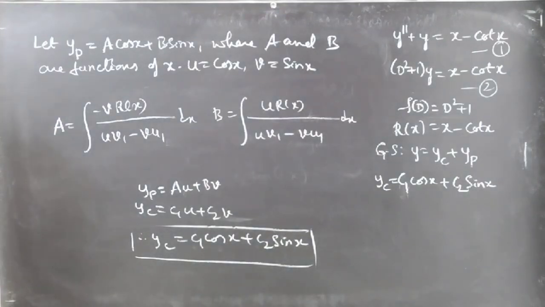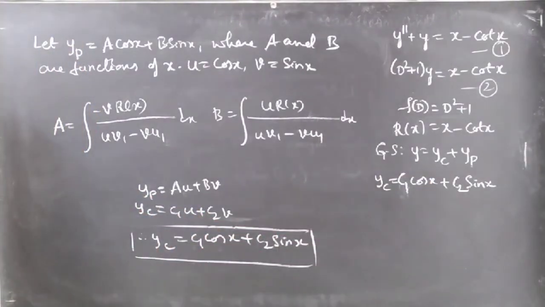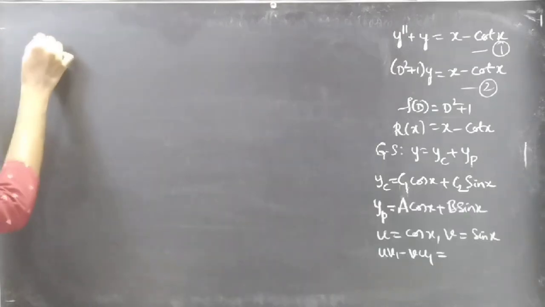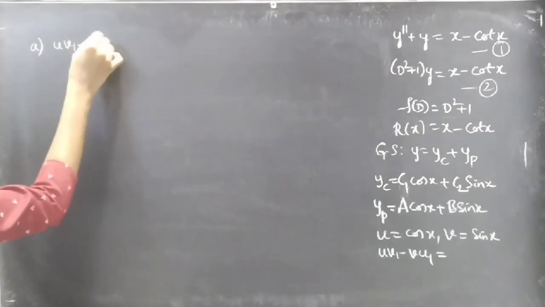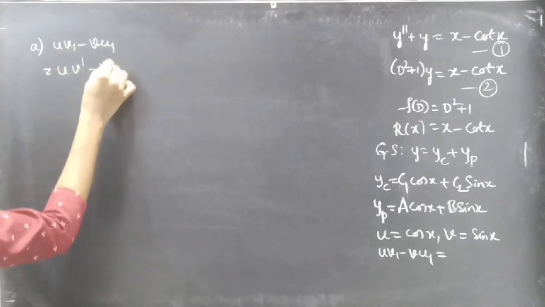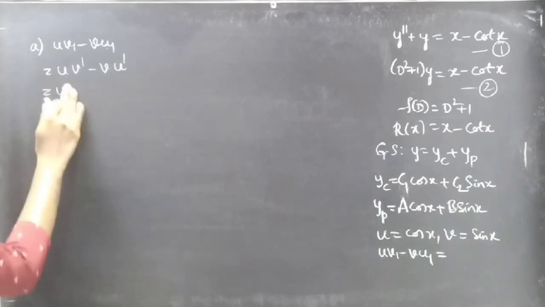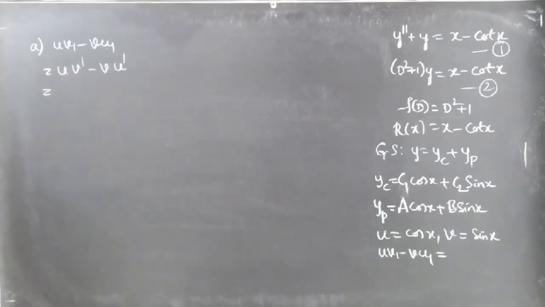So we'll begin with uv1 minus v1 u, and later we'll find a, b, yp, and finally we'll substitute yc and yp in y equal to yc plus yp to find the general solution to our problem. v1 is nothing but derivative of v, and u1 is nothing but derivative of u, or u1 is u dash, v1 is v dash, we can say.